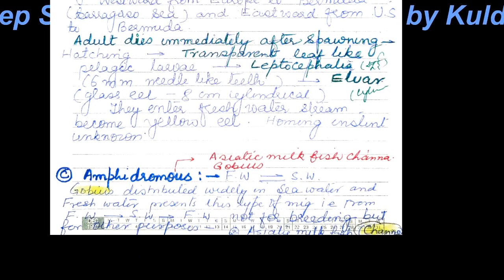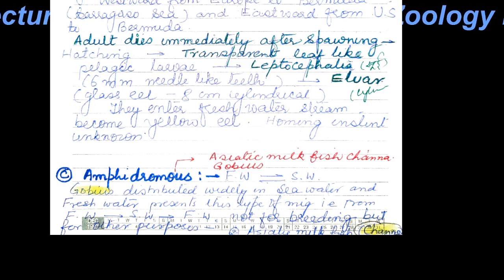Then we have third kind of diadromous migration, which is amphidromous, and it is exhibited by Asiatic milkfish and Gobius. This is exhibited from freshwater to saltwater and from saltwater back to freshwater.